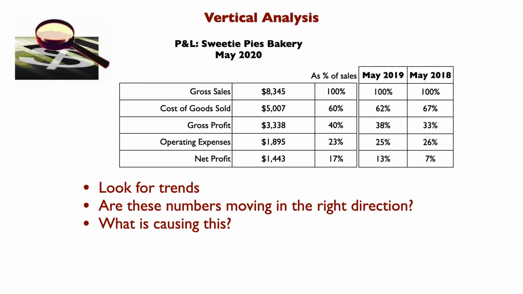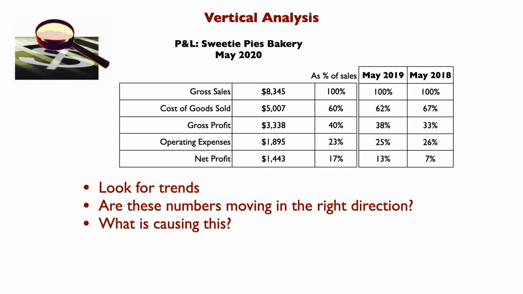We look at gross profit, and we can see that's actually increasing. No surprise, mathematically it would if she's decreasing her cost of goods sold. So gross profits are moving in the right direction. We now look at operating expenses and we can see those are decreasing. Are those moving in the right direction? Yes, they are. Sarah has gotten more efficient in some way. How did she do this?